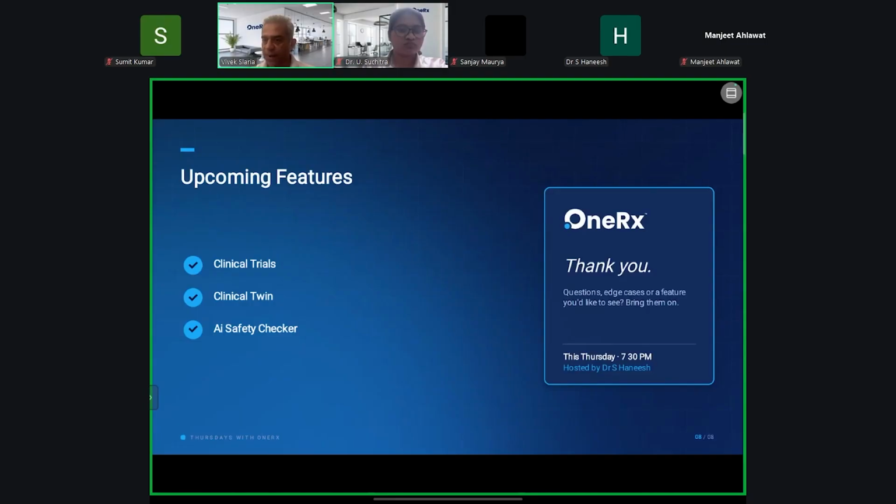Some of these were minor edits, some were major edits, but everybody elevated the prescription at least by one element as compared to what they had written originally. So AI safety checker is another very interesting feature that we are building.